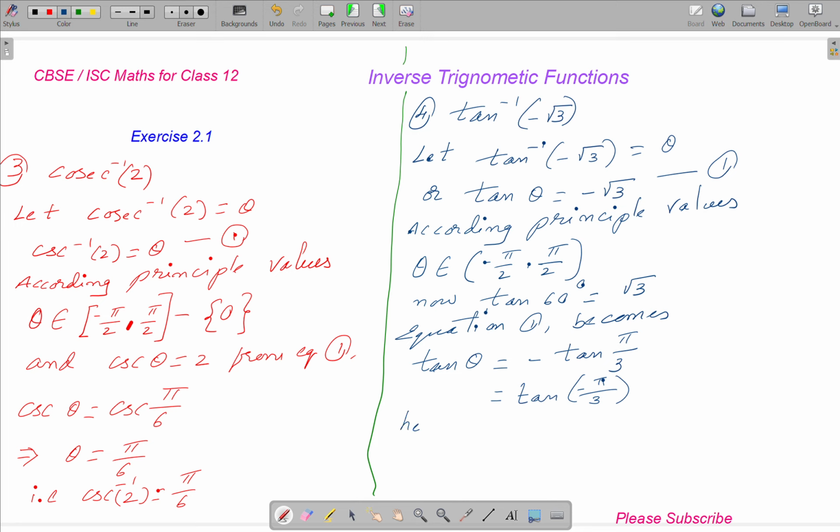Here theta is equal to minus pi by 3. Therefore tan inverse minus root 3 is equal to minus pi by 3.